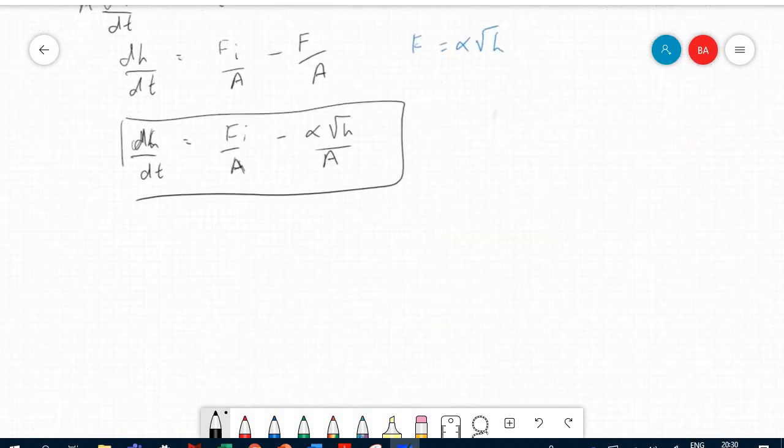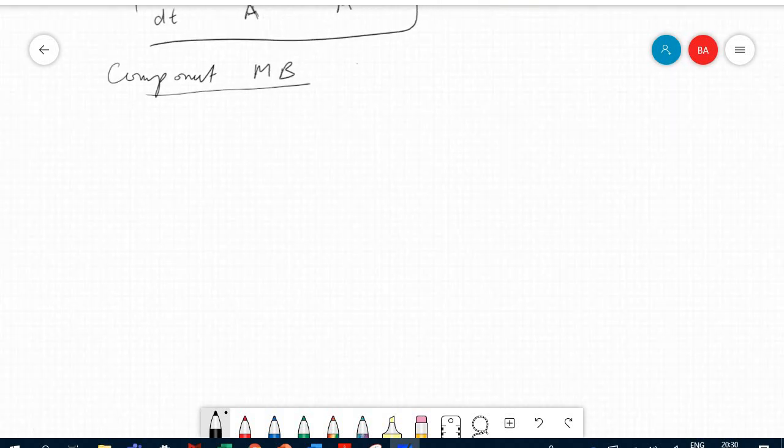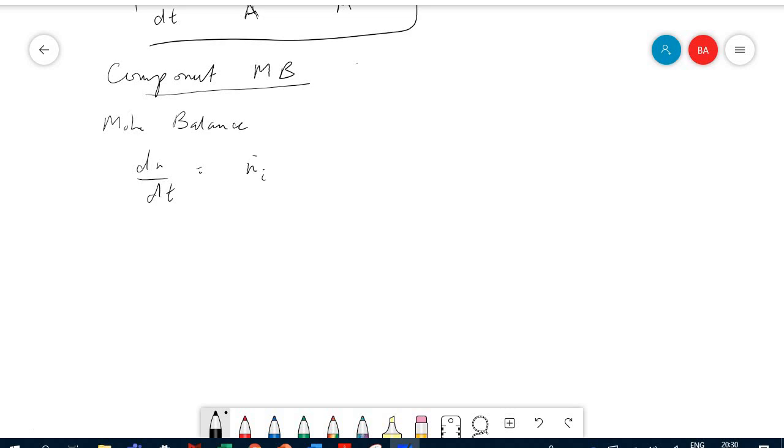So let's continue on. Now, if we want to find dC by dt, we need to do the component mass balance equation. To do it, we said that it's better to do the mole balance because it reflects more what is being reacted and what is really being consumed. So we're going to say dN by dt is equal to N in minus N out, how many moles are left out.